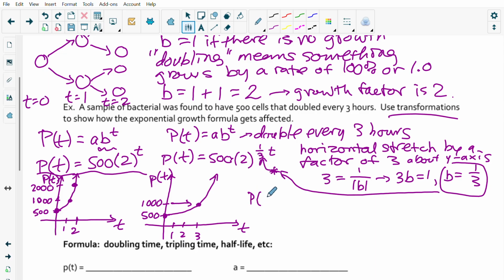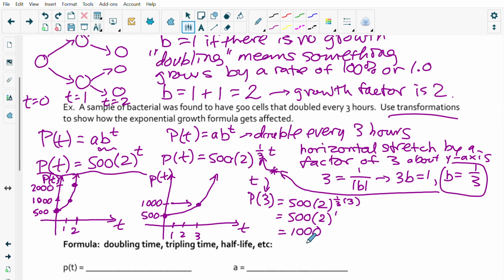So if I plug it in here, P of 3 equals 500 times 2 to the 1/3 times 3. Well, that is just equal to 500 times 2 to the 1, and that is 1,000.